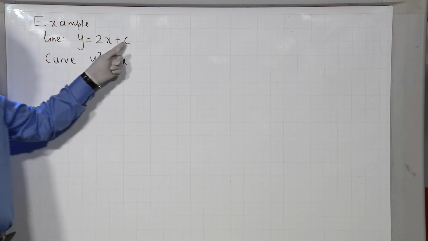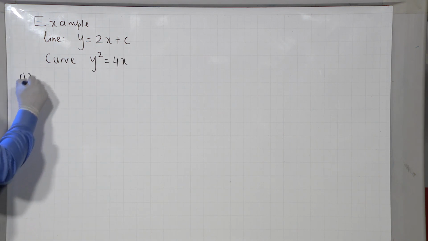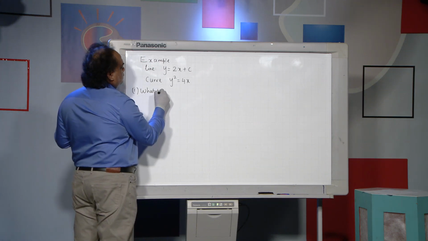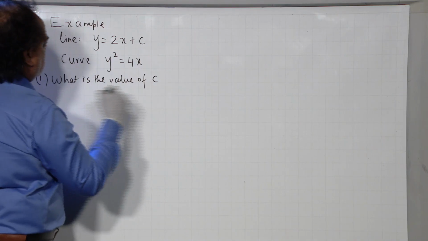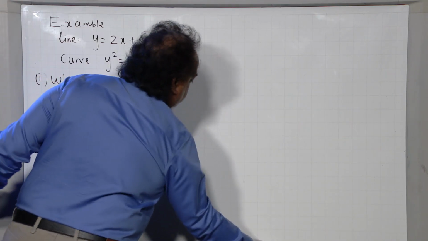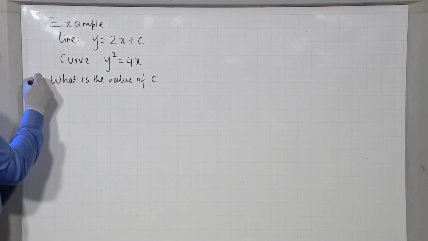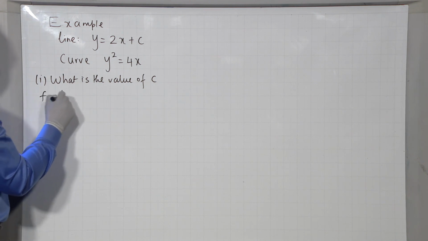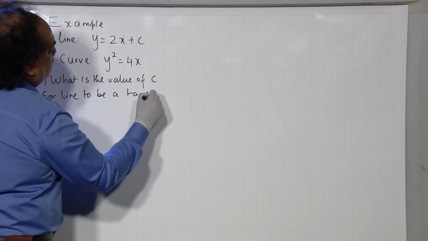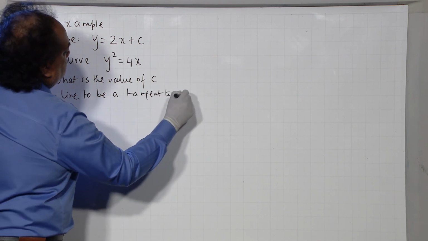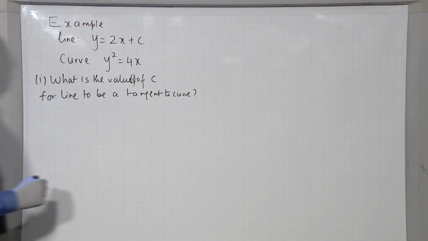I would like to know what would be the value of c for the line to be a tangent to the curve. Can it have a value or values?